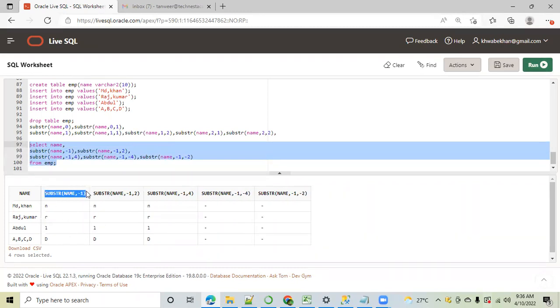There should not be any confusion in this. Name -1 means I'm telling you to start from the very end. So the very last character is N, that's why you got it here. The last character is R, you got R here, L here, DD here. Any confusion on this part, first of all, name -1? No, clear to everyone, okay.